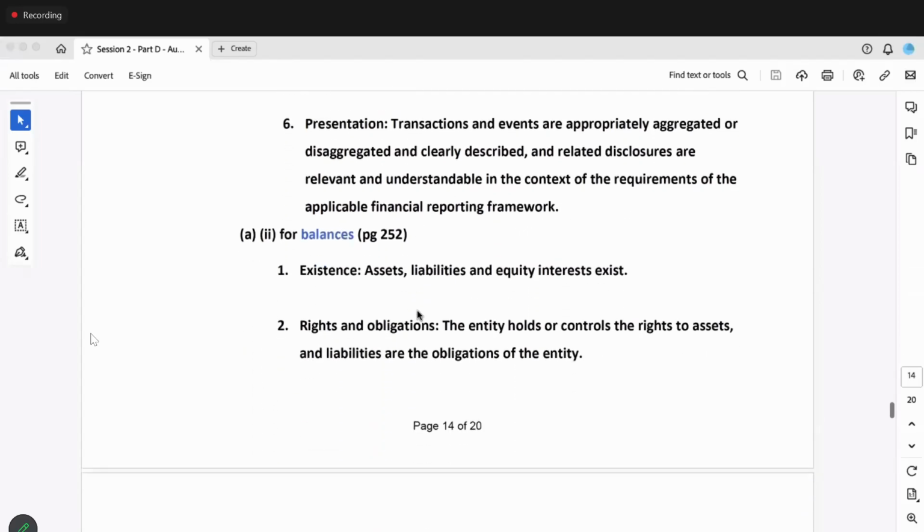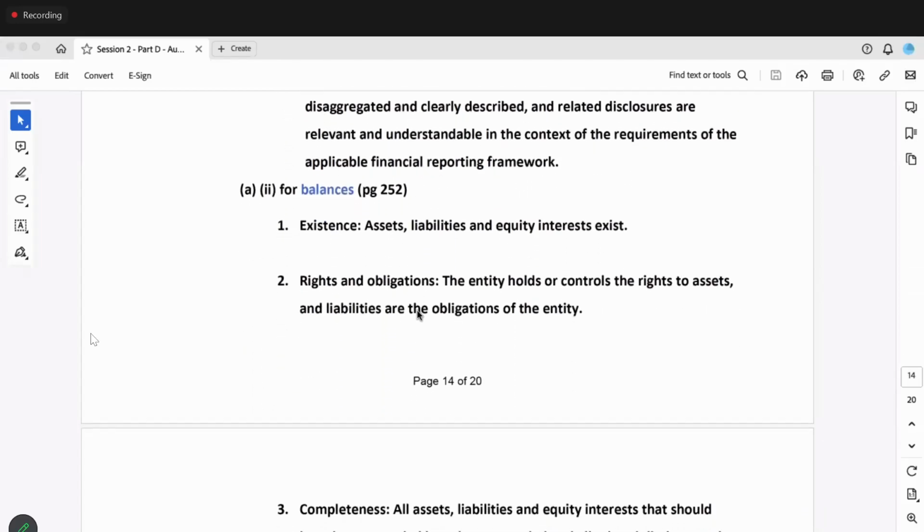For balances, these are the balances you can find in the statement of financial position, or balance sheet. The first one we usually test is existence. We want to make sure that this is real, whether asset, liabilities, or even equity. Rights and obligations determine whether, first thing first, the entity should record this or not. For assets, we test whether they have the rights, and for liabilities, whether they have the obligations.